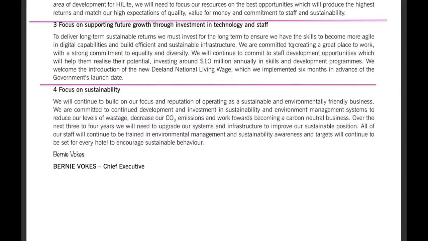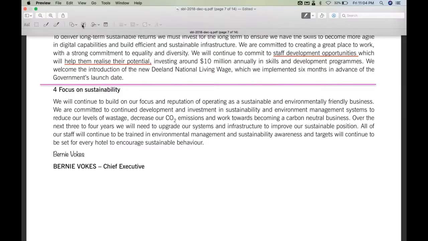And we will continue to commit to staff development opportunities, which will help them realize their potential. Because of this phrase, help them to realize their potential, you're talking about staff development and opportunities. This is actually factors condition under your knowledge.